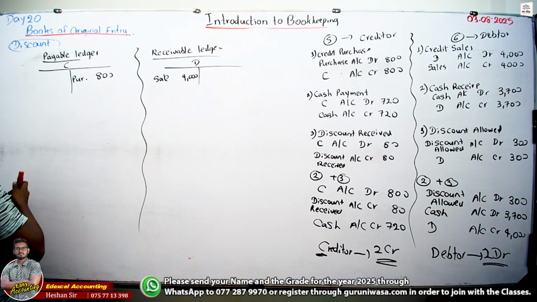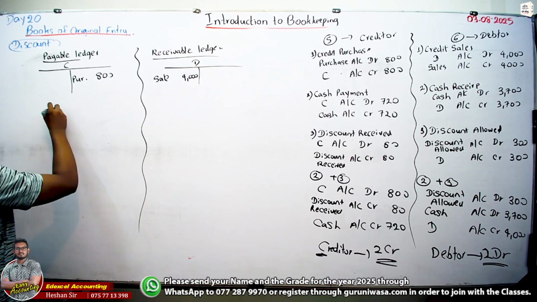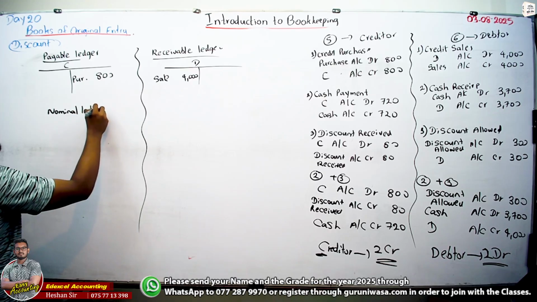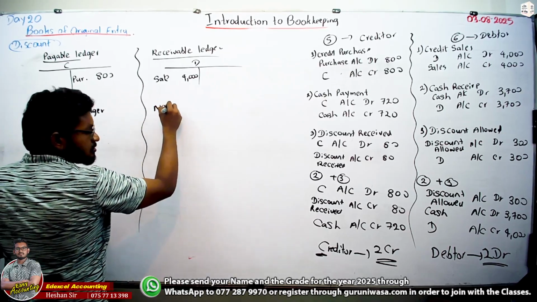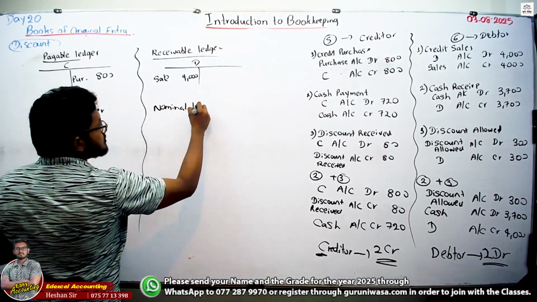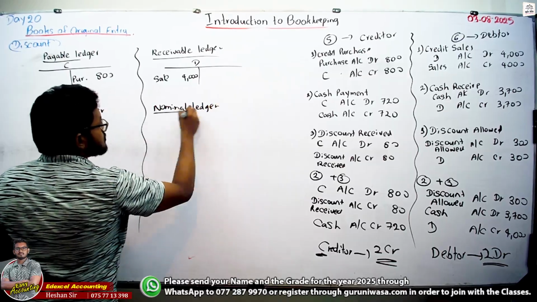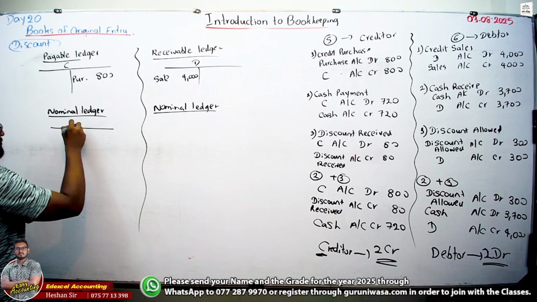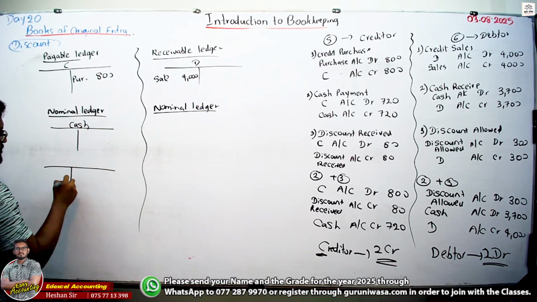Now when it comes to nominal ledger, right? I'll take cash, discount receipt.